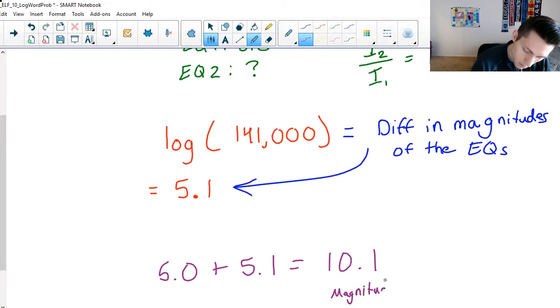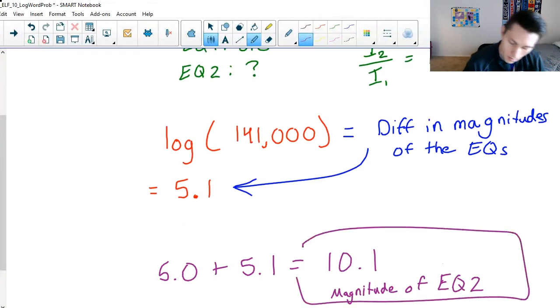So this is the magnitude of earthquake 2. That's a big earthquake. That is true. That would be total annihilation.